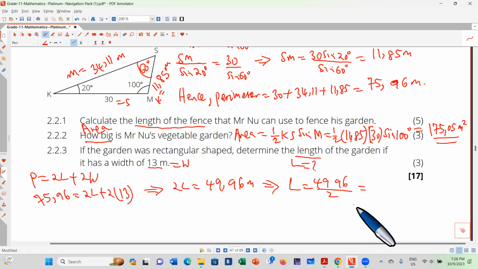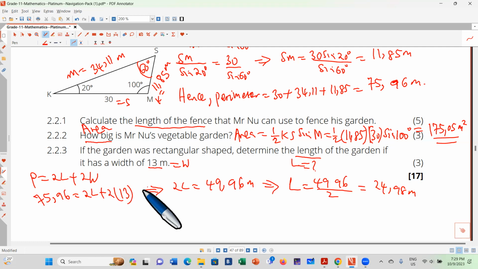If you use a calculator, you get 24,98 meters. So this has given us the length, because it said we must find the length if the width is that. So we found the length just using the perimeter formula, just a different pattern of reasoning.